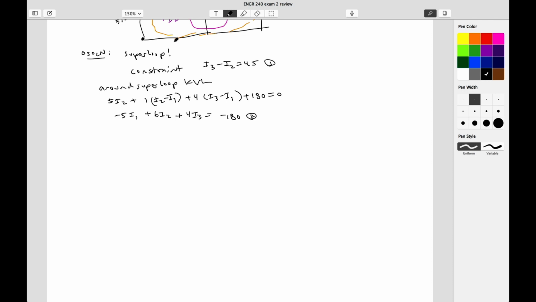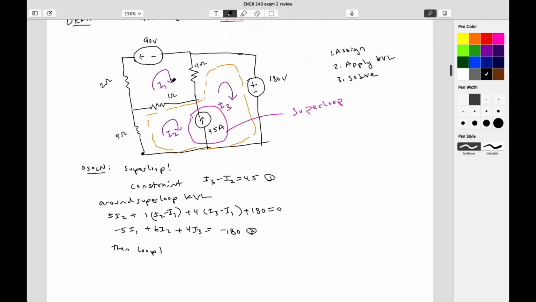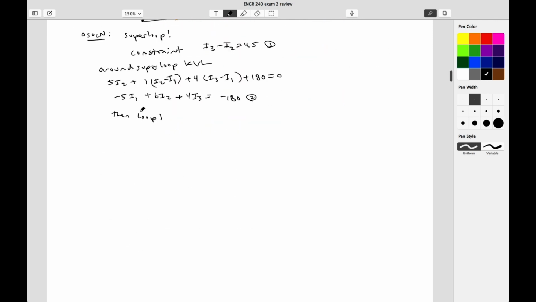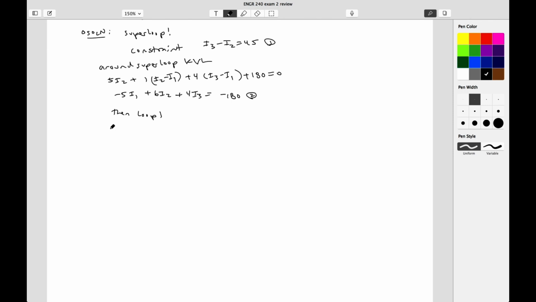All right, then loop 1, which is the only remaining loop. It's this one up here. I have 2I1. I have plus 90. I have plus 4 times I1 minus I3. And then I have plus 1 times I1 minus I2.